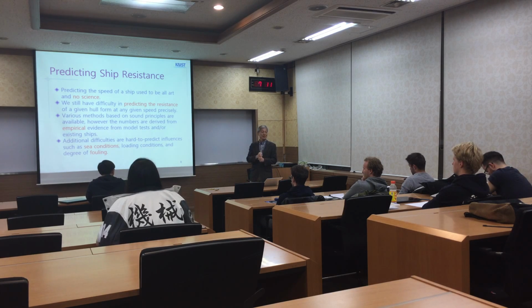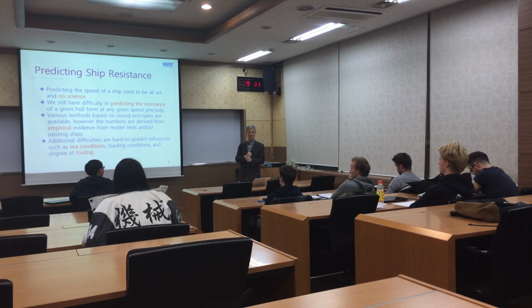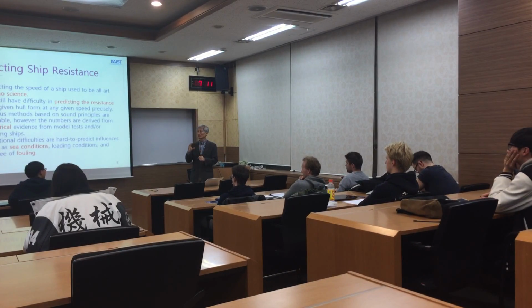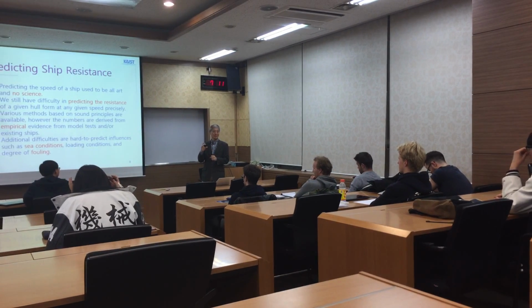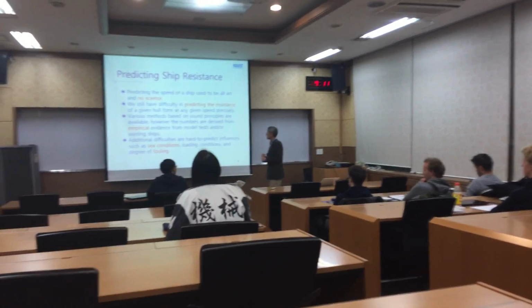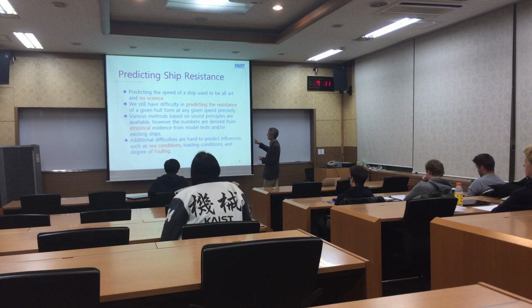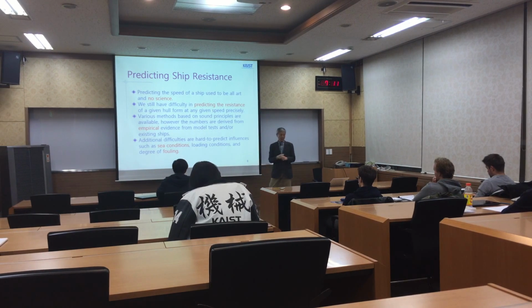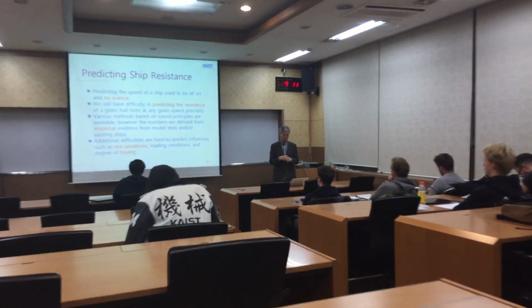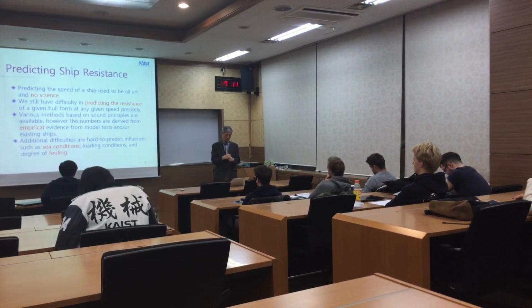But you should guarantee by contract, right? Guarantee the speed. So you need some margin, a safety factor, to guarantee the speed, right? We still have difficulty in predicting the resistance of a given hull at any given speed. Yeah, there is a guaranteed speed. Right?